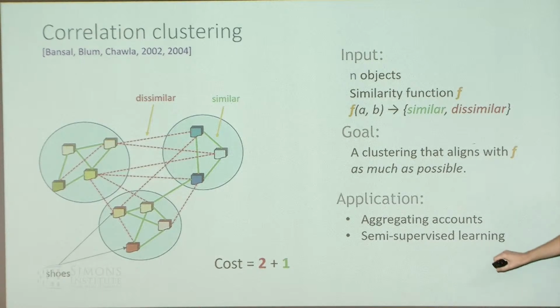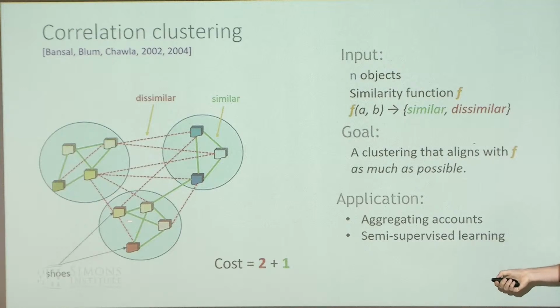There's also a nice application in semi-supervised learning, where sometimes you're able to design this function f without actually knowing the labels of the objects. But then if you get the clustering and you want labels, you can ask for the label of only some of the objects in the cluster.